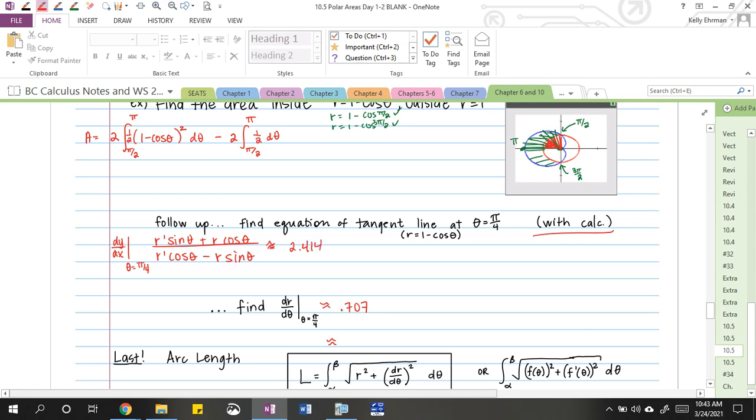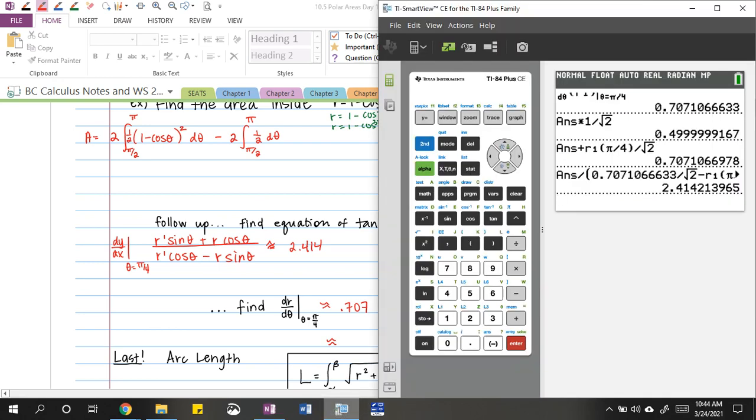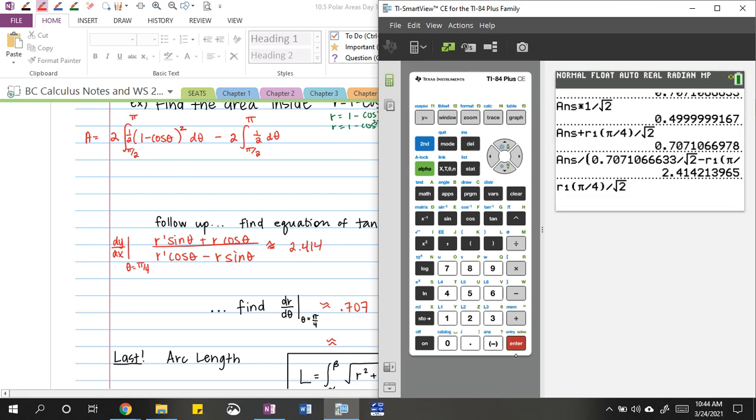And then write the equation of the tangent line. Oh, we still need a point. Let's see. X is r cosine theta. So I'm going to come up here and delete a couple of things. I don't have to go through all that typing again. R of pi over 4 times cosine of pi over 4.